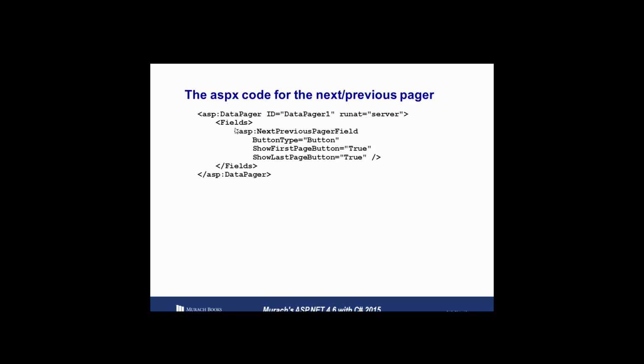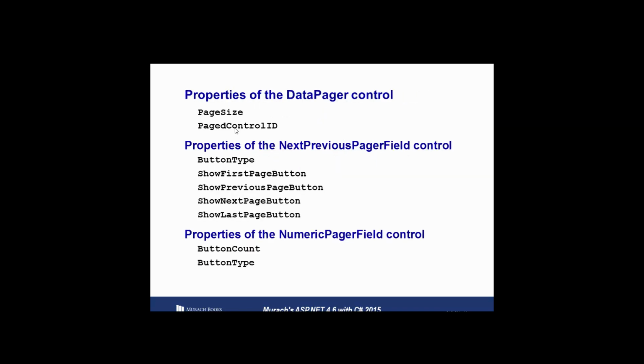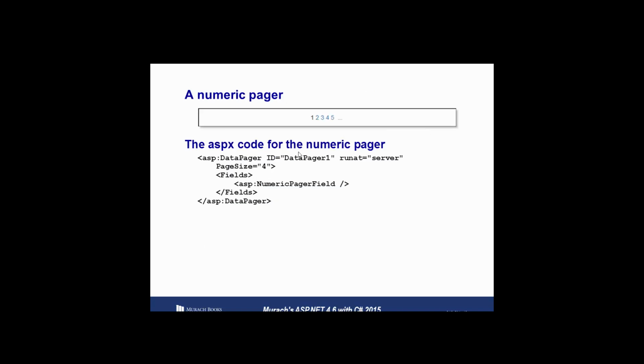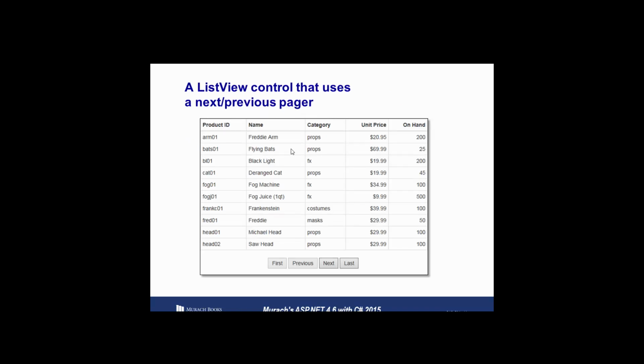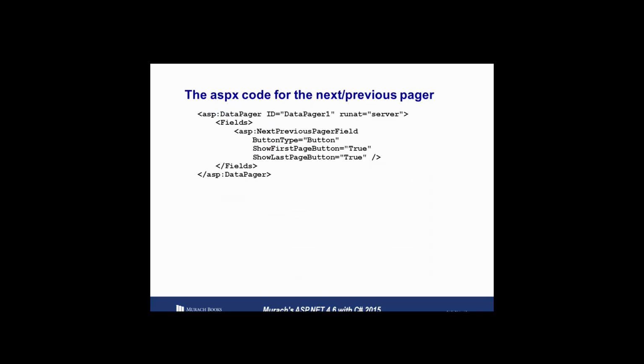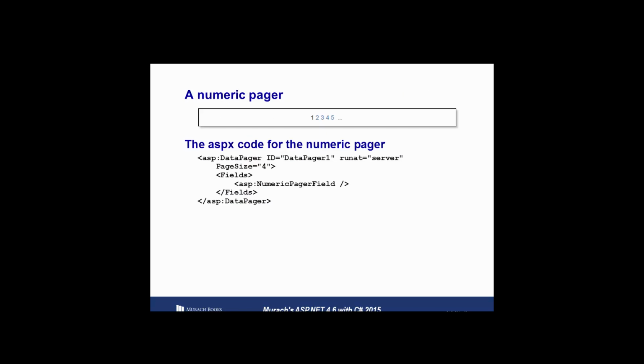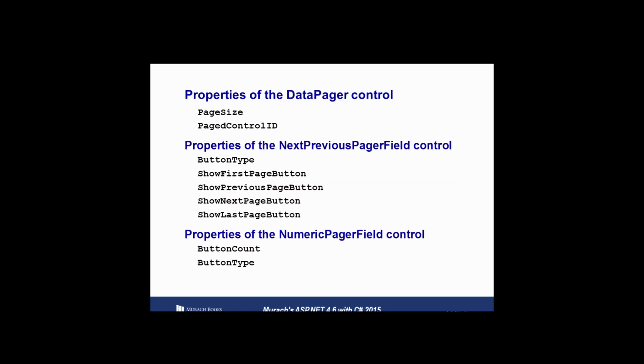It can be external to our ListView, and then you can assign it through its IDs. But as of right now, the ListView is the only control that currently can work with a DataPager. So there's really no point in separating these out at this point. But in the future, they made it its own control, the DataPager control, so you could associate it with other controls.